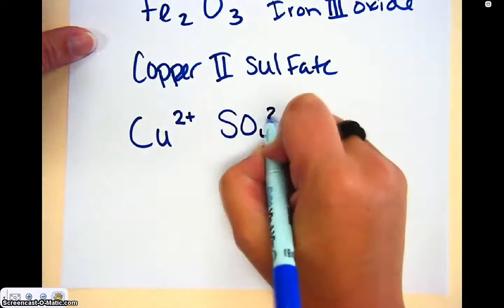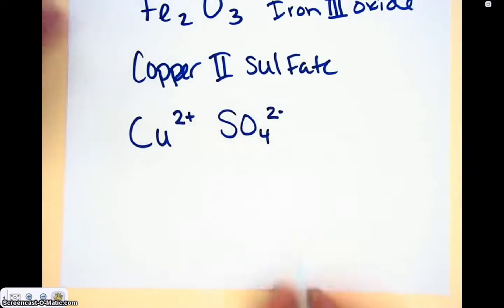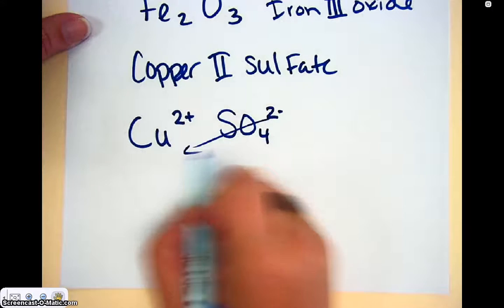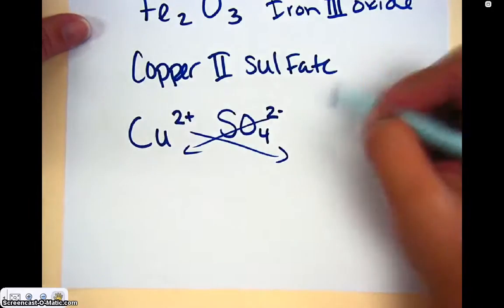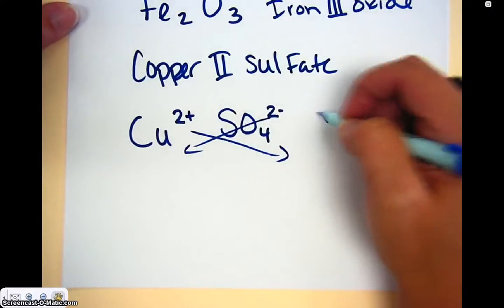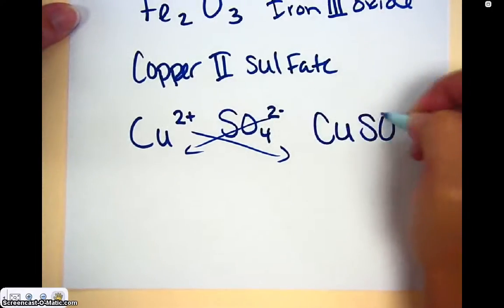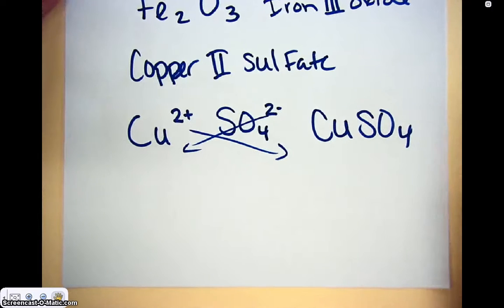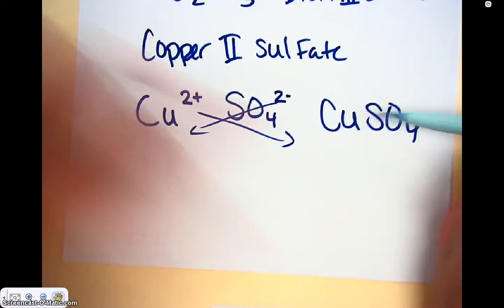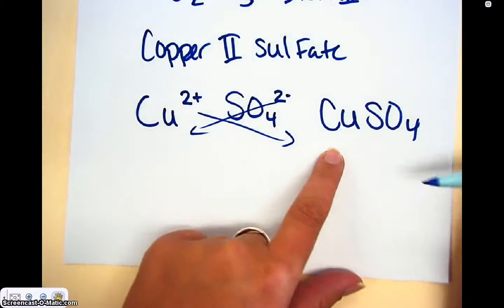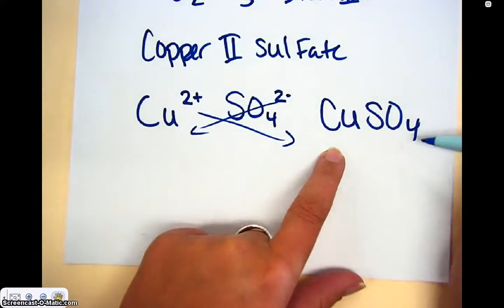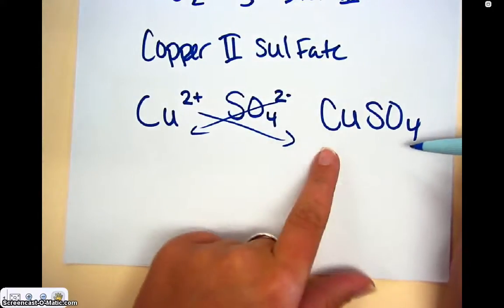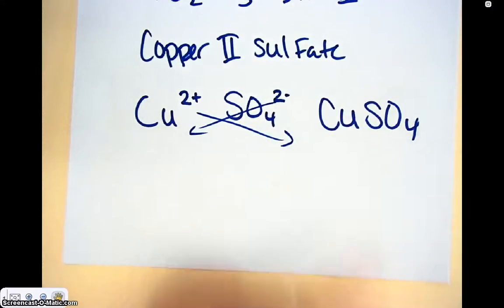It also has a 2, but it is a 2- charge. So if we were to crisscross down, okay, we would have CuSO4. Okay? Remember that we reduce to the lowest whole number ratio, so if we have 2 coppers for every 2 sulfates, that's the same thing as saying 1 copper for every 1 sulfate.